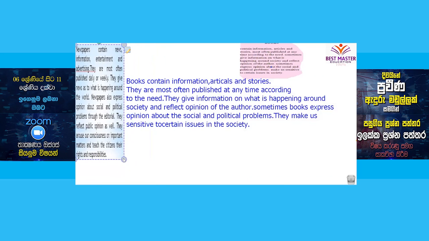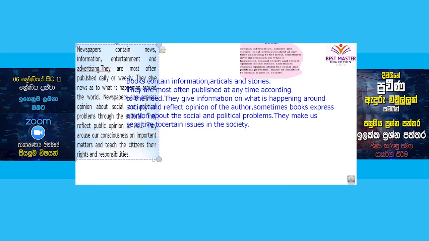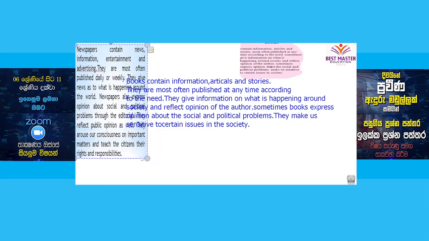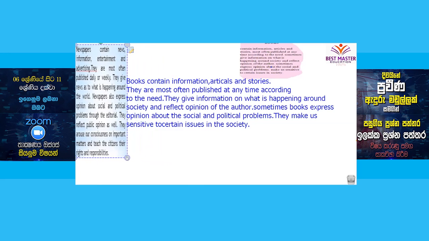They are most often published at any time according to the need. They give news as to what is happening around the world. Newspapers also express opinion about social and political problems through the editorial. They give information on what is happening around society and reflect opinion of the author.